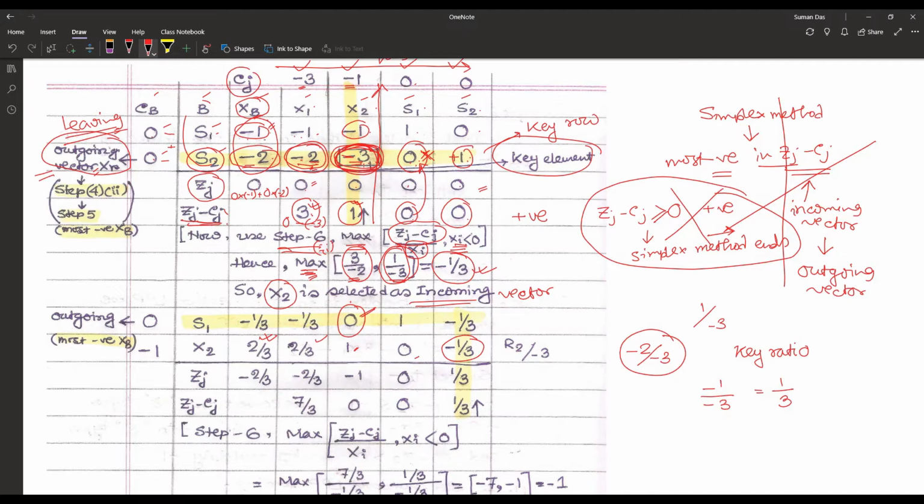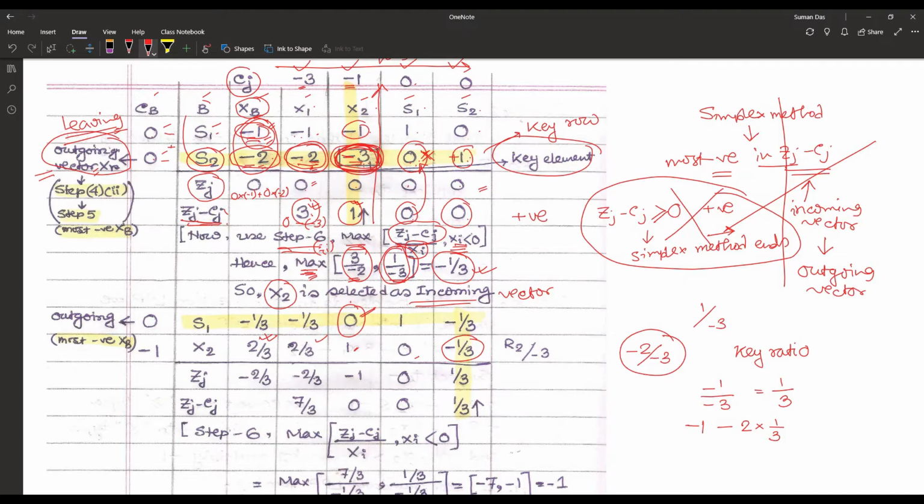Then suppose we have to find out that cell value. Here it is given minus 1, and here it is given minus 2. So here we are doing like that, minus 1 minus 2 into 1 by 3.